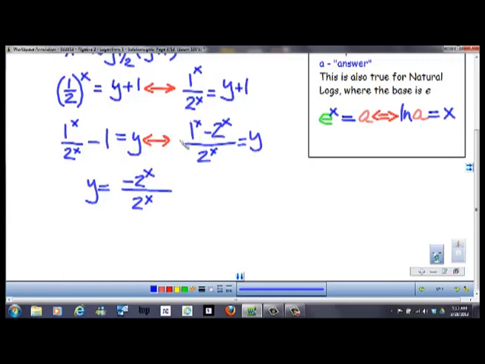The question is, why is 1 to the x the same as plus 1? Well, what is 1 raised to any power? It's simply 1. And what is the square root of 1? It's simply 1. What's the third root of 1? That also is simply 1. So in every case, 1 to the x is simply 1. And there's your final answer.